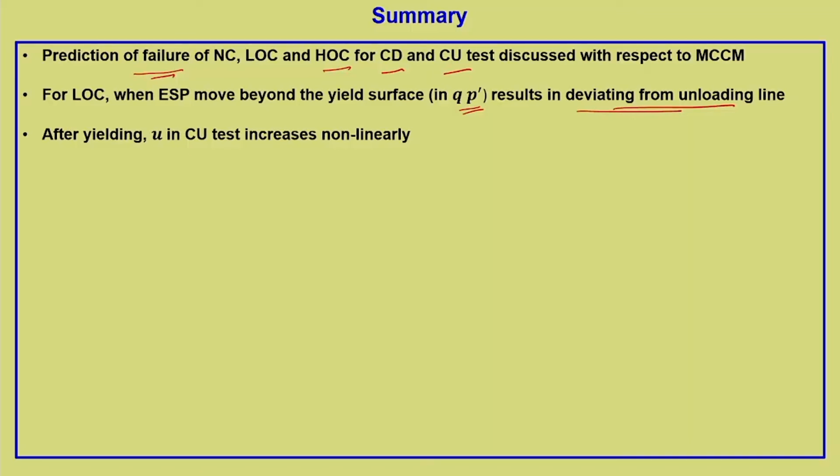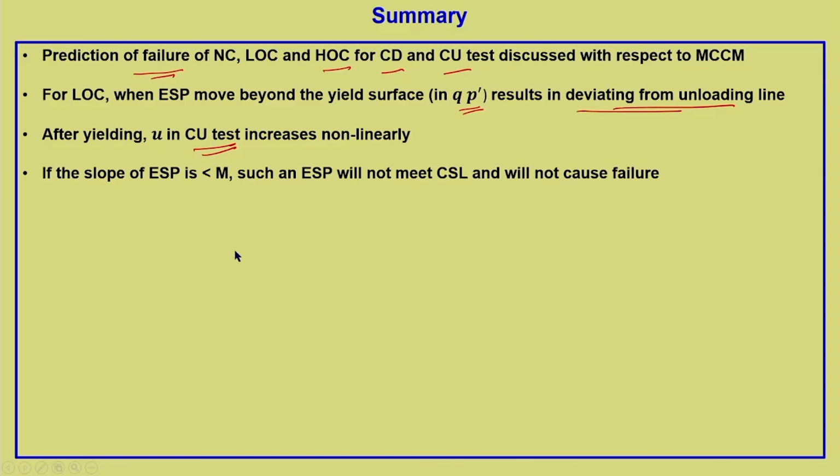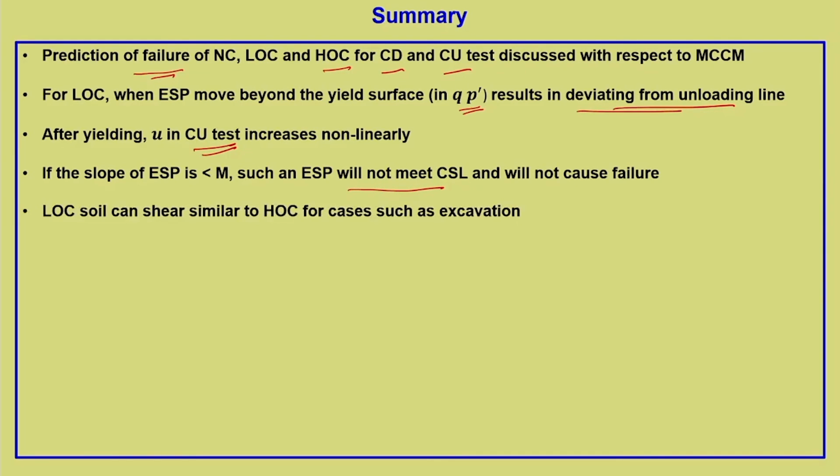From the unloading-reloading line, it deviates towards the critical state line, and we get that information because we have integrated the yield curve along with the ESP. After yielding, u in the CU test increases non-linearly. If the slope of the ESP is less than m, such an ESP will not meet the critical state line and will not cause failure. LOC soil can shear similar to HOC for cases such as excavation.